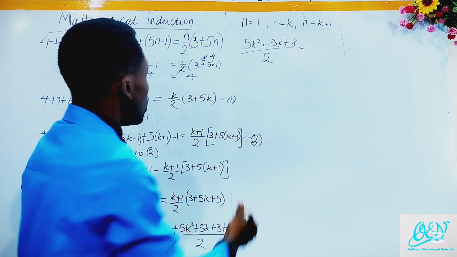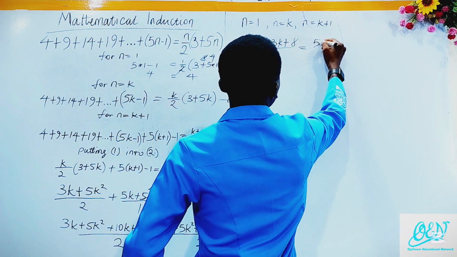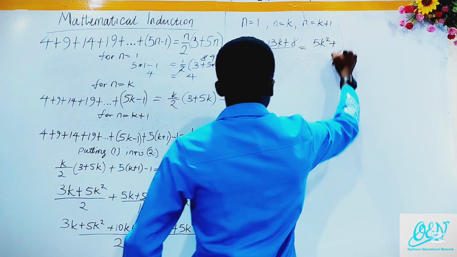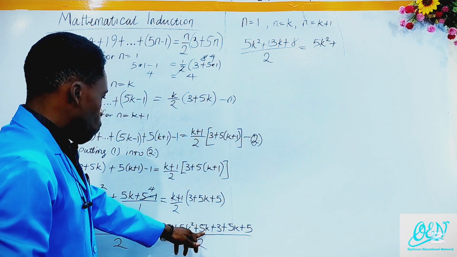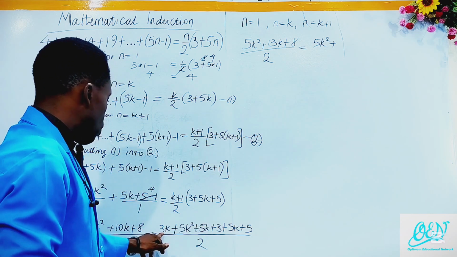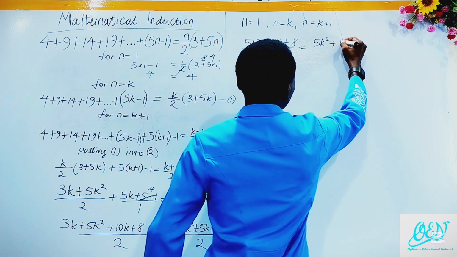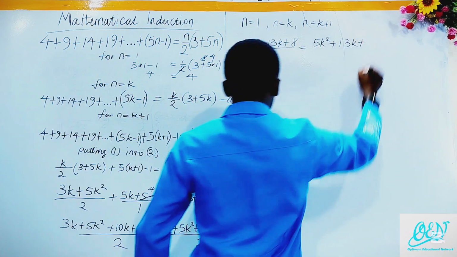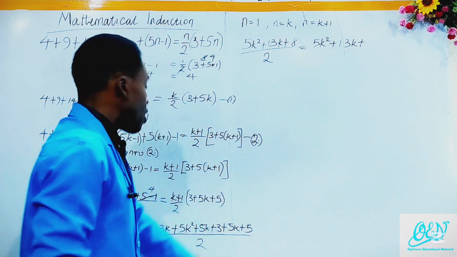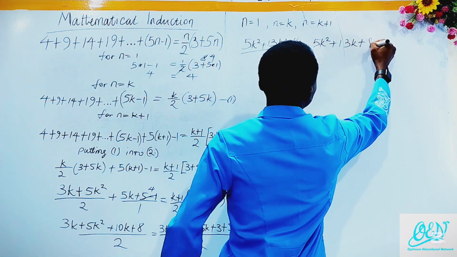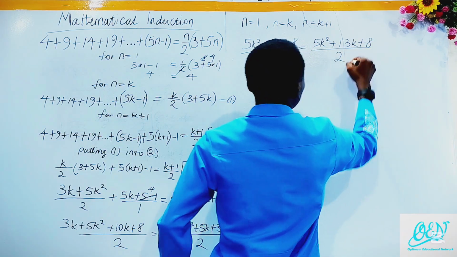We have 5k squared, sorry. Then we'll have 5k plus 5k plus 3k. That should be 13k plus 3 plus 5. That's 8 over 2.